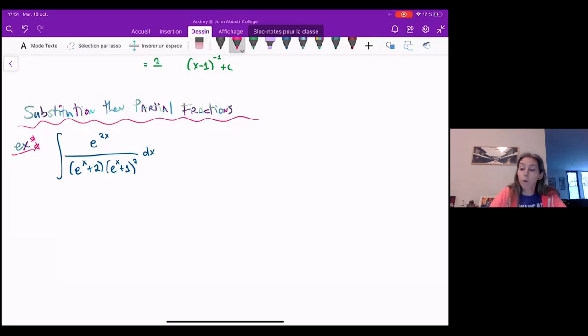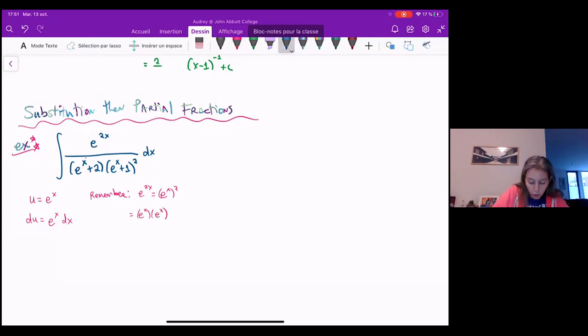So to turn this into a more familiar looking problem, we might start off by letting u equal e to the x, and therefore du is equal to e to the x dx. Now remember, e to the 2x is the same thing as e to the x squared, or in other words, e to the x times e to the x.